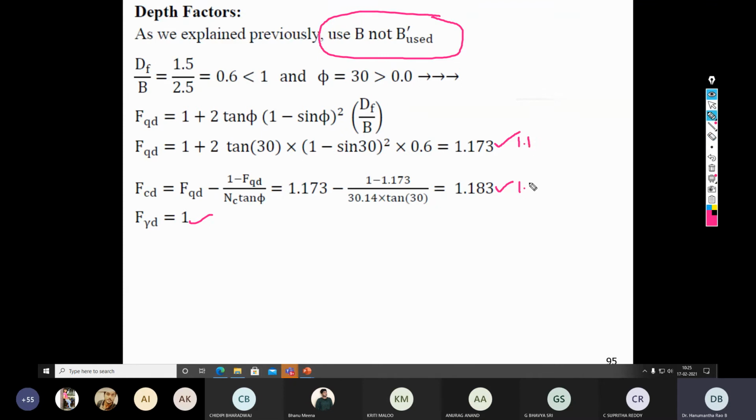So this is 1.1 and this is 1.2. Very good. And in fact, F gamma D is also 1. Yes, gamma D is also 1.